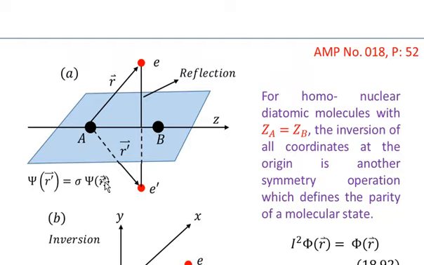This sigma will act on psi of r, where psi of r is the wave function of this molecule. When sigma acts upon psi of r, it will produce psi of r prime. That is, this psi of r prime is the wave function under reflection, whereas psi of r is the original wave function and sigma is the reflection operator. So sigma will operate on psi of r and produce a reflected wave function psi of r prime.